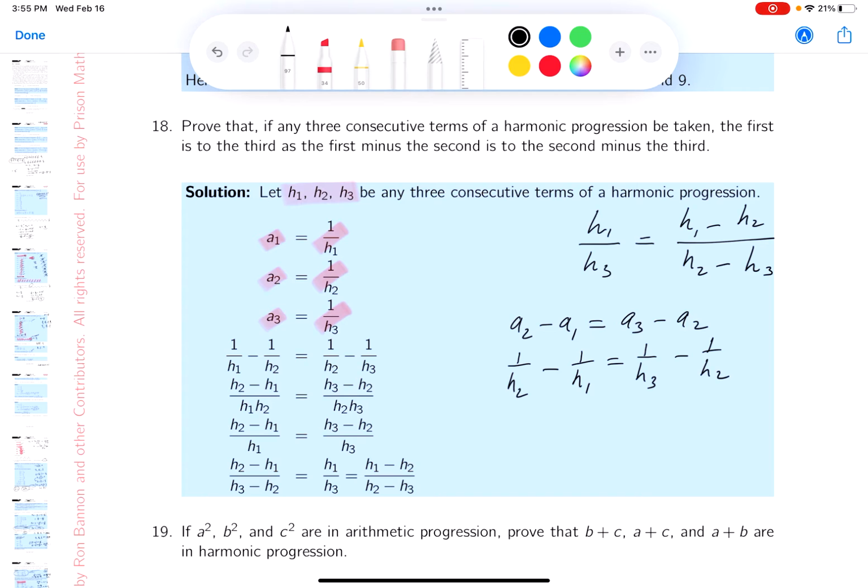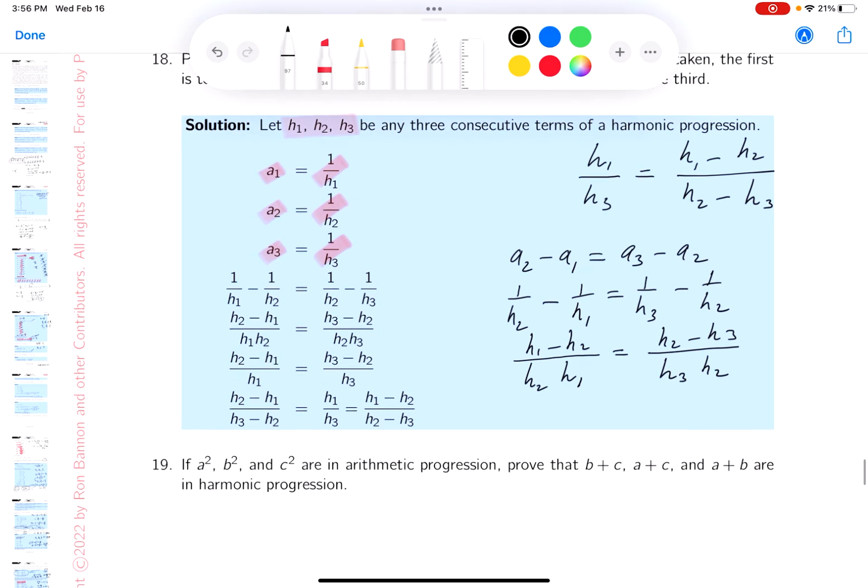Well, I'm going to common denominator. And let's see what you get over there. You'd get, I got to write this down, don't I? So it's going to be H2 H1, and this would be H1 minus H2, equals H3 H2, H2 minus H3.